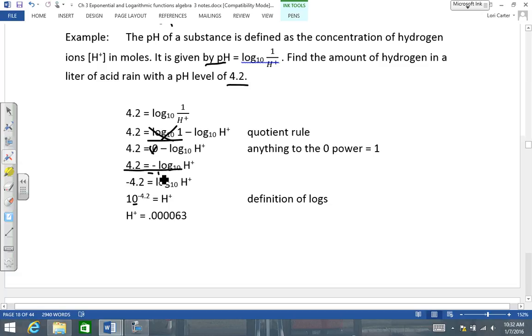Are we good so far? Denton, what's the matter? Don't know any of what? Any of that. This is just working with logs.